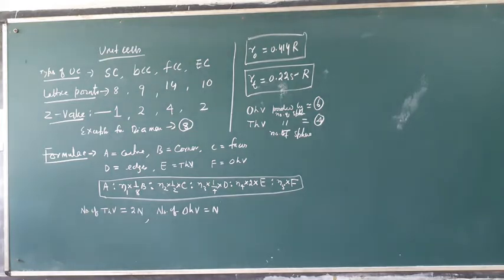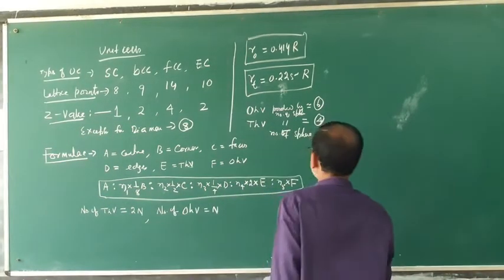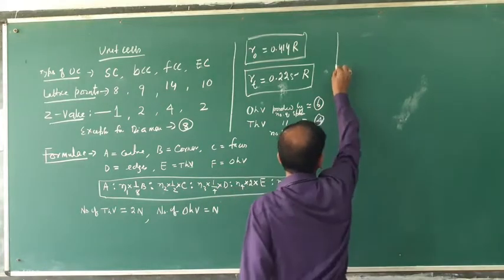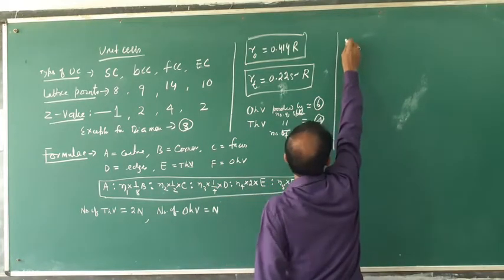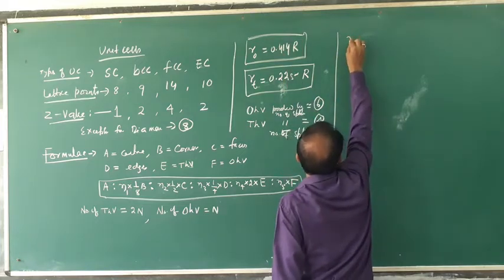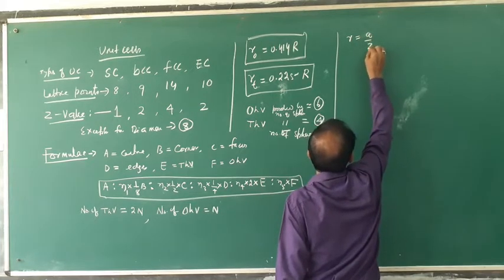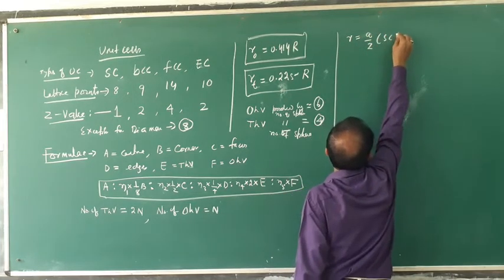Then the important thing is the R and A relation. R and A relation means radius and edge length. For simple cubic, R is equal to A by 2. That is for only simple cubic.